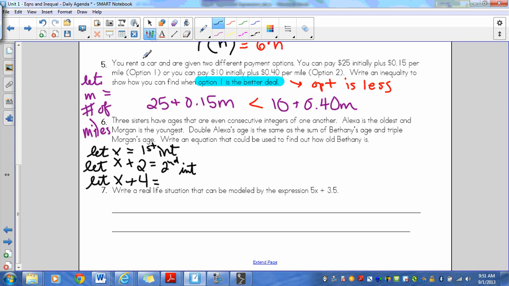Now I'm going to figure out which each of these sisters are. Alexa's the oldest, so this is Alexa. Morgan's the youngest, so this is Morgan.